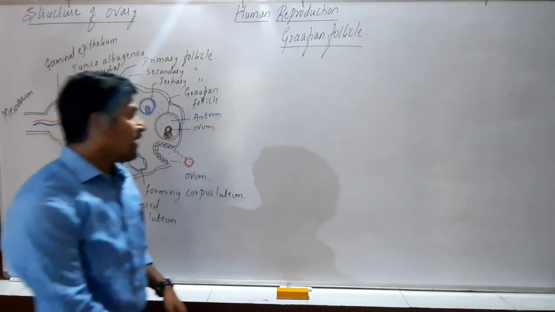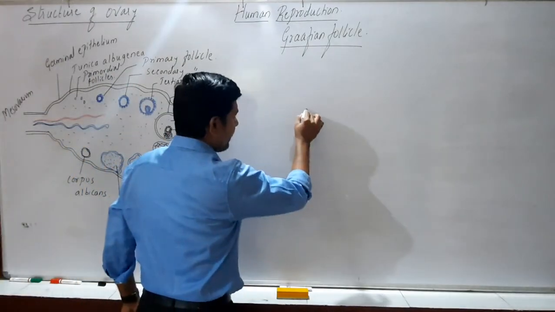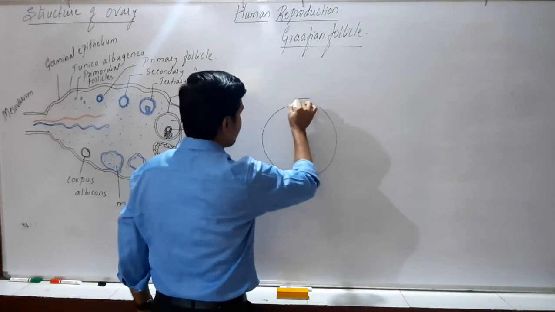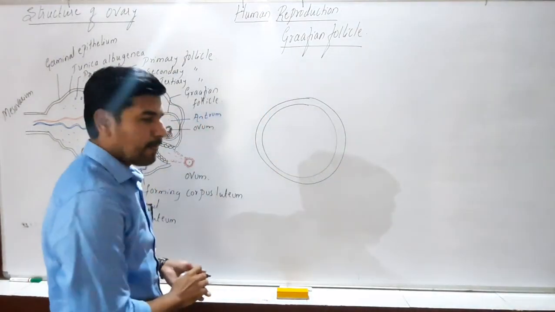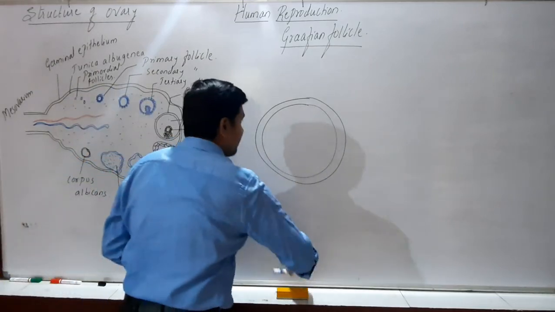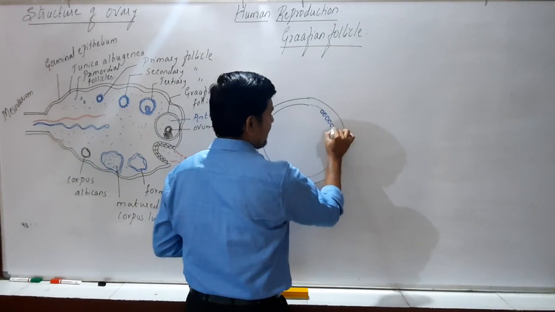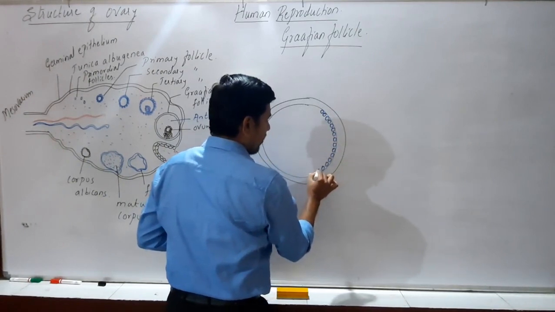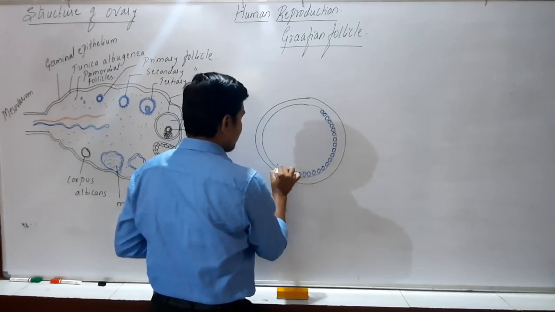Okay. Now in the structure of the Graafian follicle, here we observe the outer cells as well as the inner cells, and below this again we have a group of cells here. Now, the outer layer of the Graafian follicle is said to be theca externa.